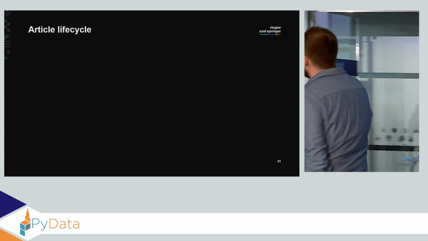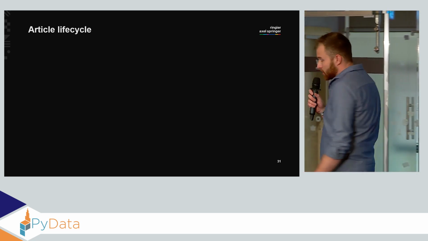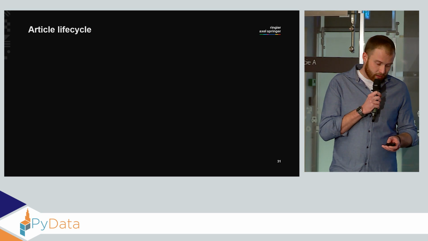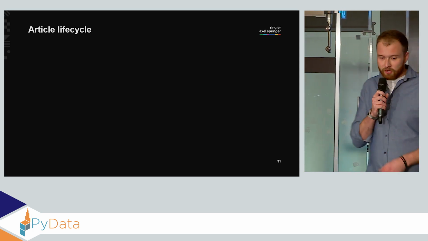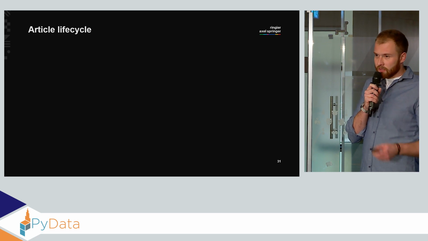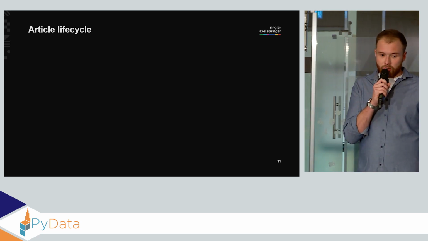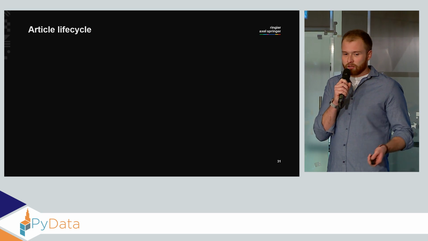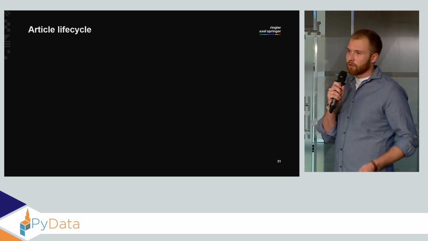Okay, thanks. As Dominik mentioned, the news recommendation problem is a dynamic one. To understand why it's dynamic, we need to understand that every article has its own life cycle.